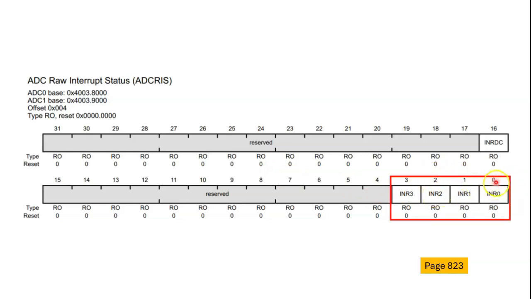Now, these bits here, bit 0, bit 1, bit 2, and bit 3, these bits represent the raw interrupt status for each of the 4 ADC sample sequences, which are SS0, SS1, SS2, SS3. Now, each bit here indicates whether a conversion for the corresponding sequencer has completed. A 1 in a bit here indicates a conversion is complete.